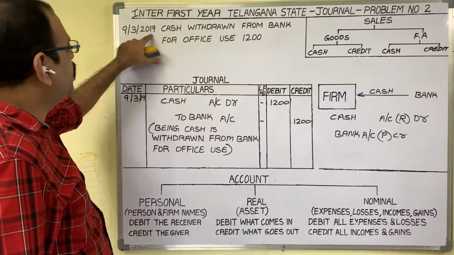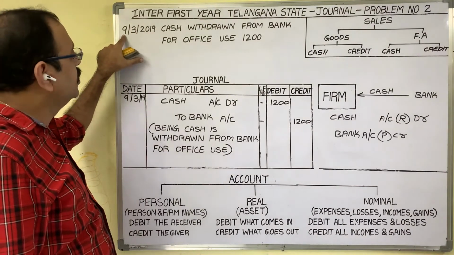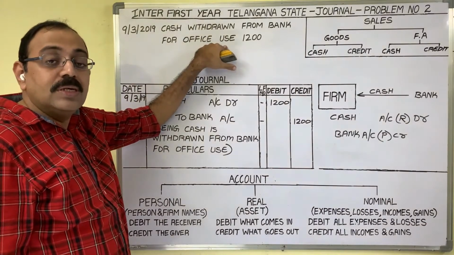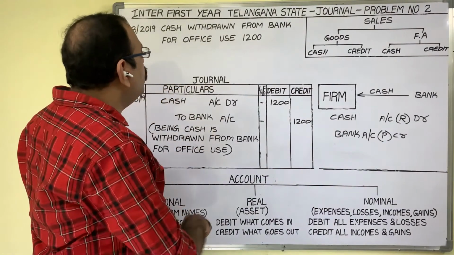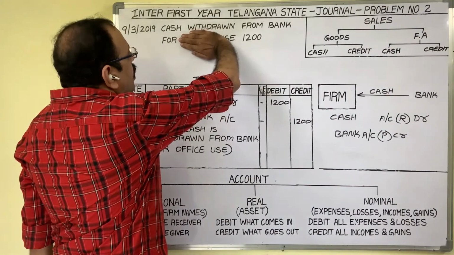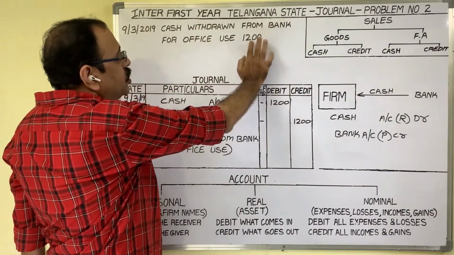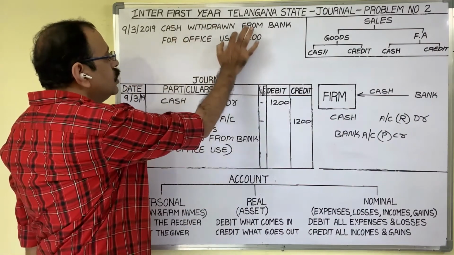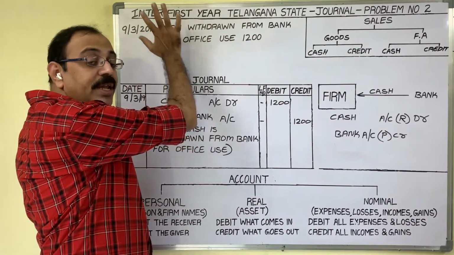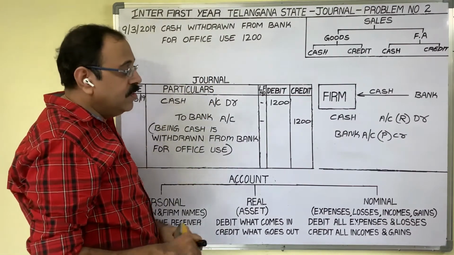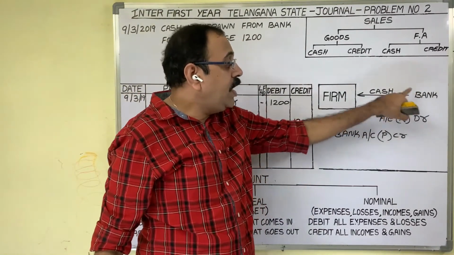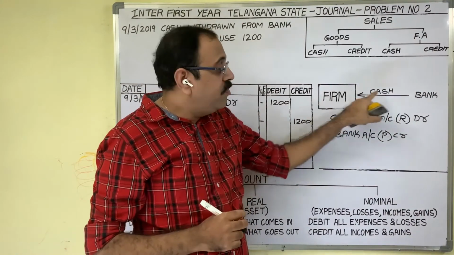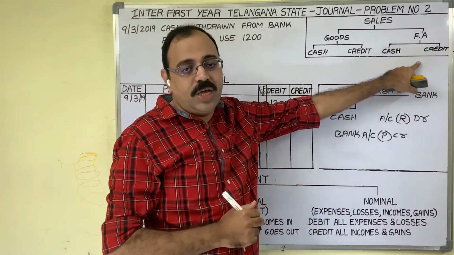Last transaction of this problem is on 9th date. Cash withdrawn from bank for office use. Sometimes he may give the transaction only till here: cash withdrawn from bank 1200. Even though office use is not mentioned, it gives the same meaning. From bank, money can be withdrawn for office use or for the personal use of the owner.